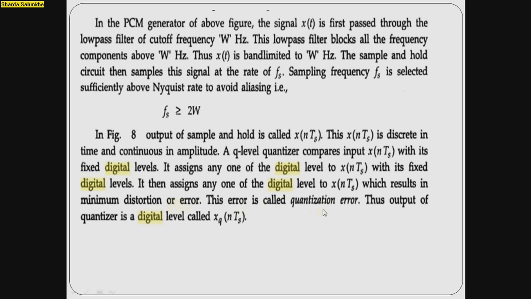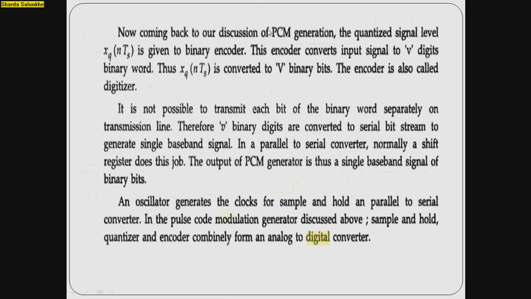This error is called the quantization error. The quantization error can be minimized, and the output of the quantizer is called xq(nTs).